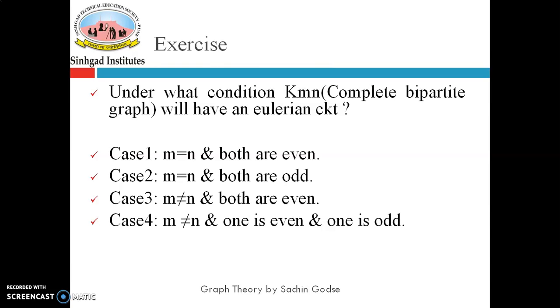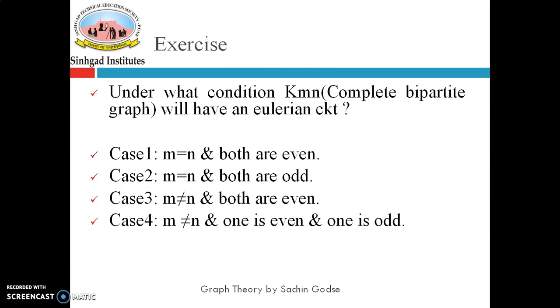So case 1, M is equal to N. In that case, both are even. If both are even and M is equal to N, suppose you take a vertex set V1 containing two vertices, and vertex set V2 also containing two vertices.